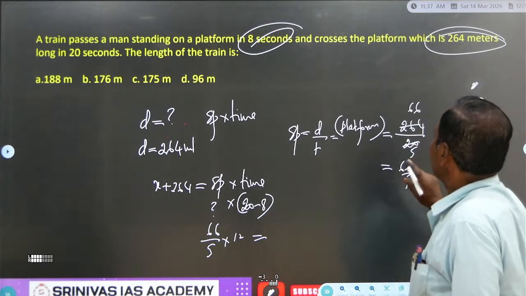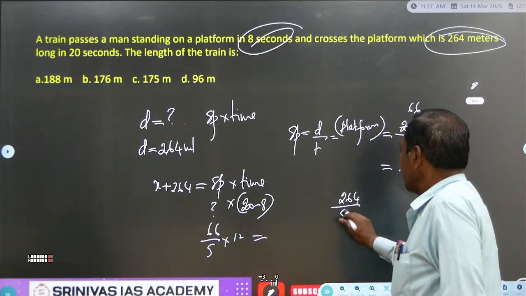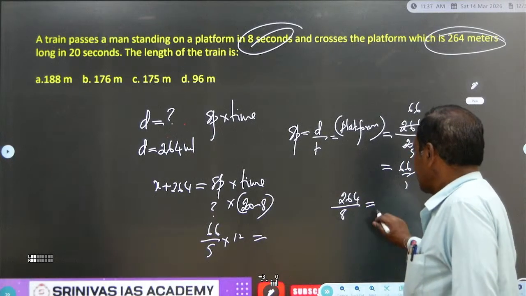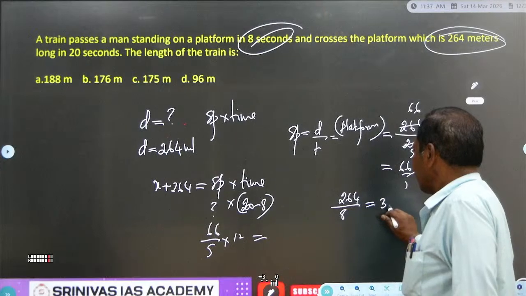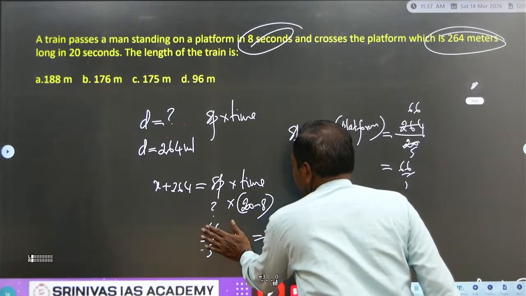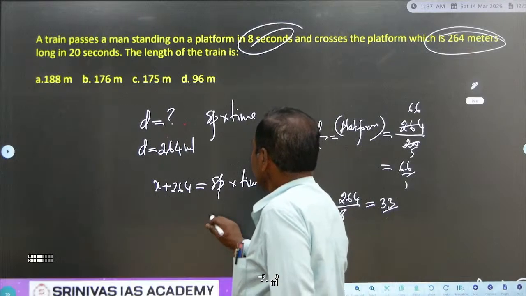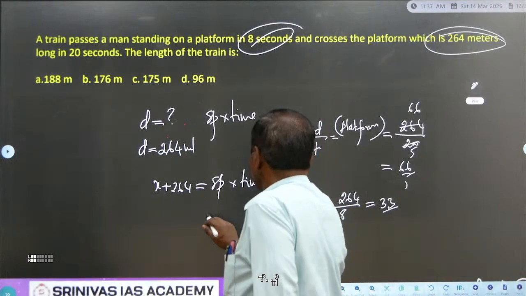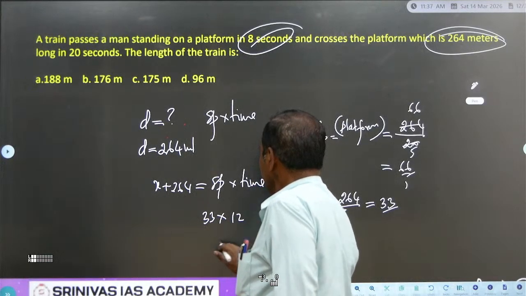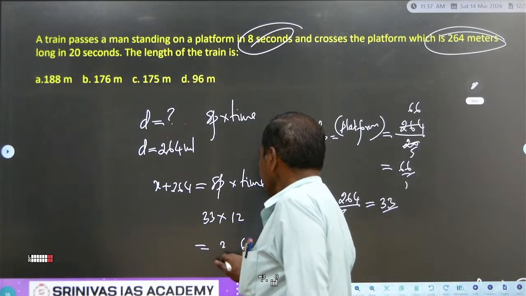264 by 8. Instead of taking 264 by 8, you can take 3. It simplifies, no? 24, 33. If you take 33, 33 into 12. It means 396.